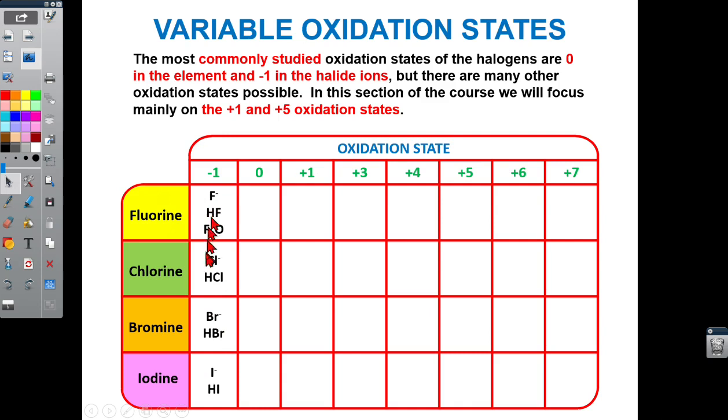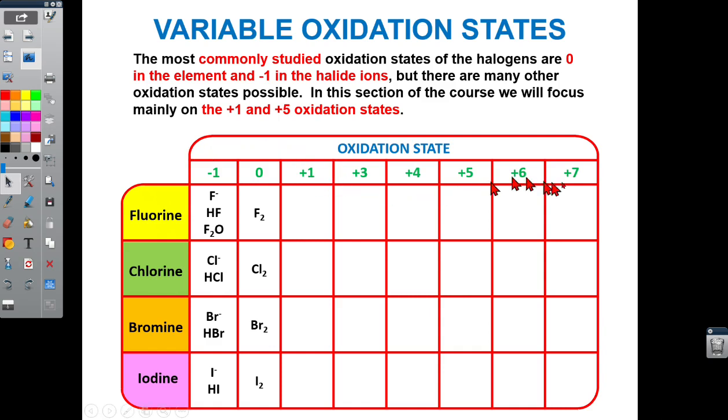Obviously, we've seen HF, HCl, HBr, HI. That would also be an oxidation state of -1. With fluorine, it can join up with oxygen to form F2O, an unusual situation for fluorine, and that's oxidation state -1 as well. And again, we've also seen these substances at oxidation state 0 when they're in their elemental state. Any element is oxidation state 0, so F2, Cl2, Br2, and I2 are oxidation state 0.